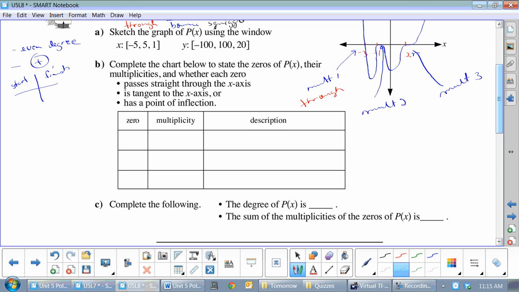Multiplicity of 2 is always a bounce. Now what is the technical word for bounce? Tangent. Okay? Multiplicity of 3, we always said is a squiggle. It's been like 5 minutes, but squiggle. And what's the technical term for that? Point of inflection.